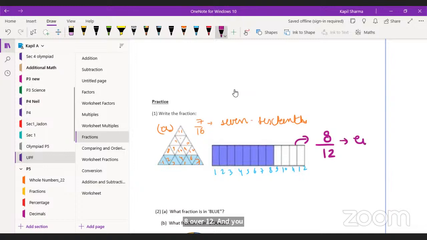And you can read it as 8 twelfths. Any questions?